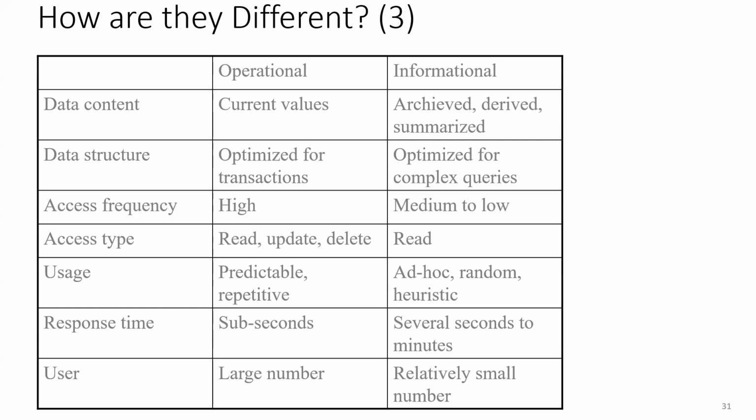So the operational data structure is optimized for transactions, which means that it must be a data structure in which you can do transactions very quickly. Add, update, delete, drop, all those things can be done very quickly without waste of time. So the operational database is designed with optimization for transactions, and the informational one is not about quick retrieval or quick search, but it is optimized for complex queries. The queries can be very complex.